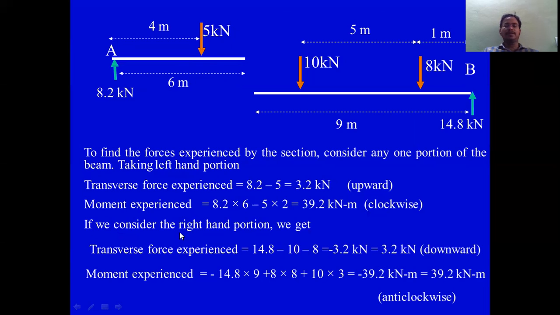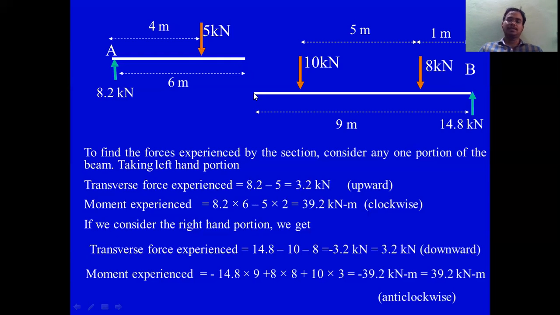If we consider the right hand portion, coming to the shear force, it will be exactly opposite to this one, because it is a reaction force which is not allowing the member to shear off. If forces are existing but the body is not subjected to permanent deformation, that's why we get the reaction forces.